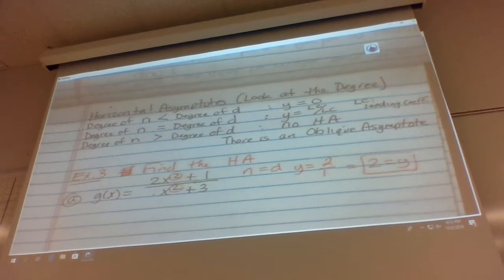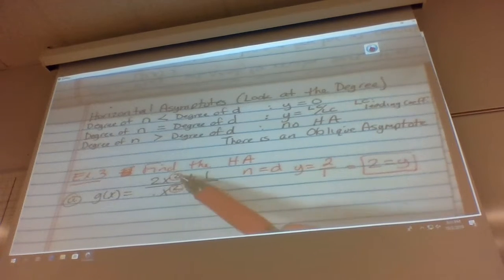My leading coefficient here is 2, and here it is 1, so it's 2 over 1, which is 2. There is a horizontal asymptote at y equals 2.